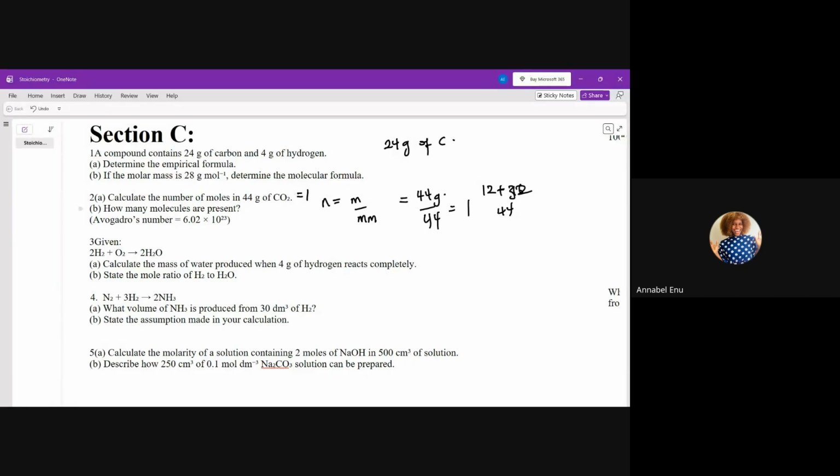So how many particles are in this one amount? How many Avogadros are in this one substance? Someone should tell us the answer.